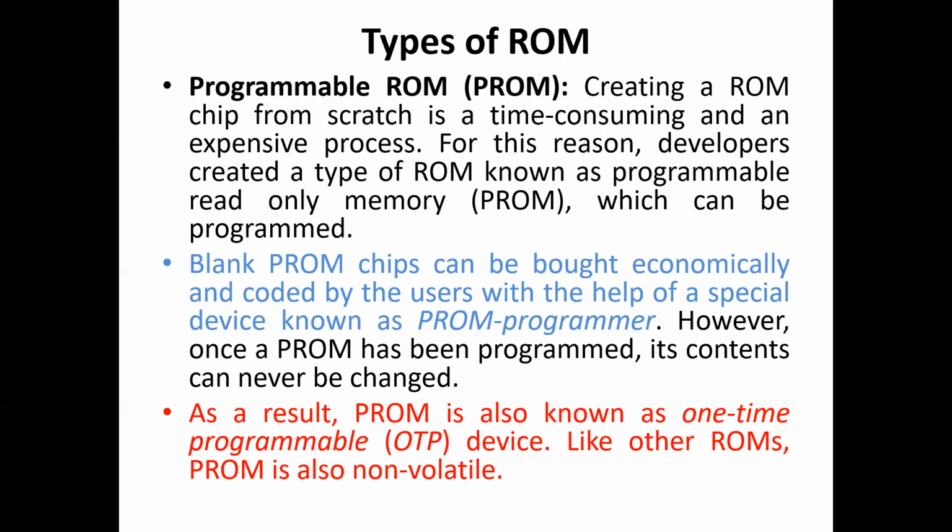They use special coders, known as PROM programmers, specially for coding the PROM. However, once it has been programmed, the content can't be changed. Once you have done the coding, after that there will be no change. So PROM is known as one-time programmable, also known as an OTP device. Like other ROMs, PROM is also a non-volatile device.